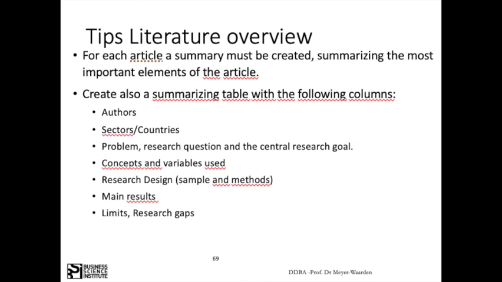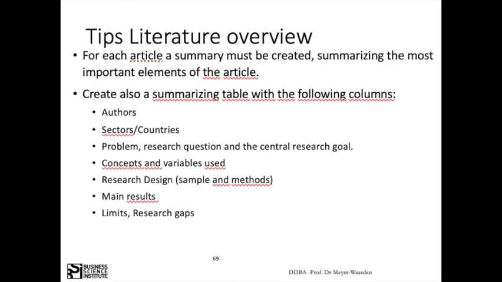Create a summarizing table with the following columns: the authors and the date of publication; the sector or countries in which the study was written and the research was done; the problem, the research question, and the central research goal; the concepts and variables used, with their definitions, as well as associated theories; the research design, namely the sample and methods used; the main results; and the limits, research gaps, and future research directions.